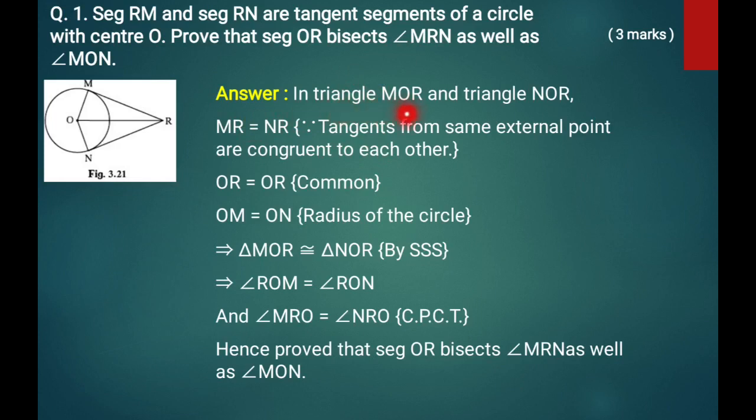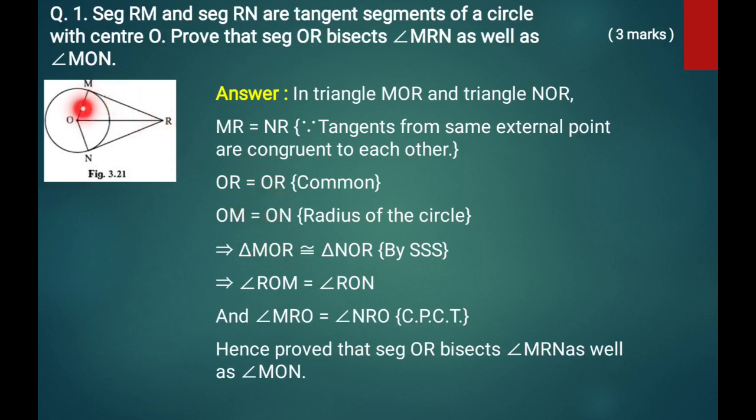In triangle MOR and triangle NOR, this MR and this NR are the tangents from same external point, so they are congruent. So we write here MR equals to NR, tangent from same external point are congruent to each other.